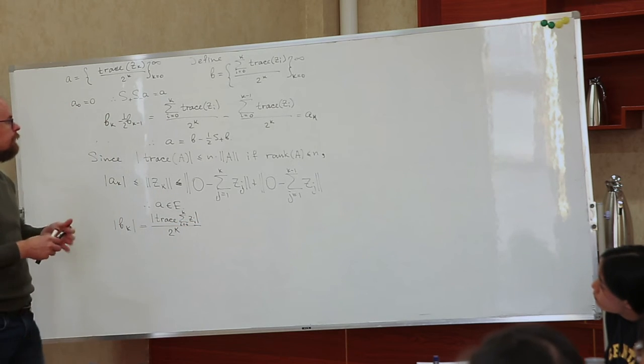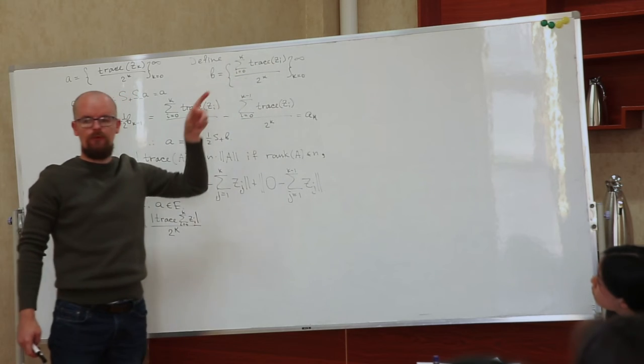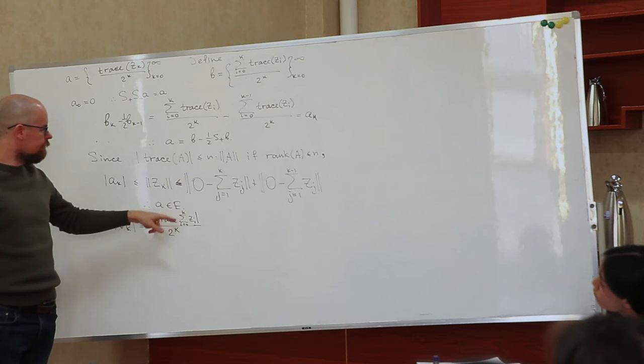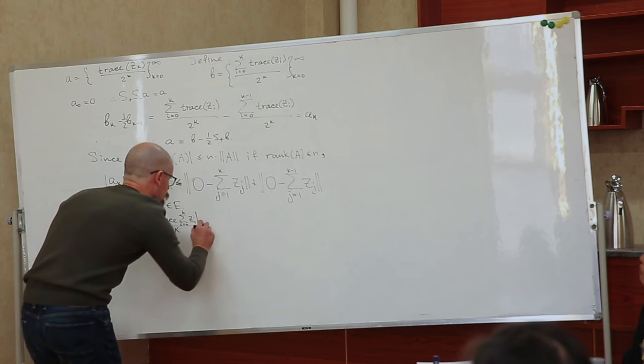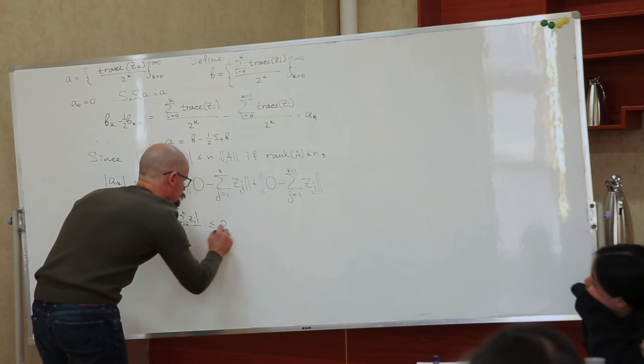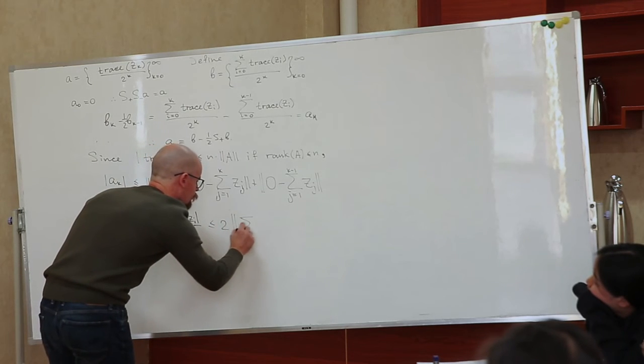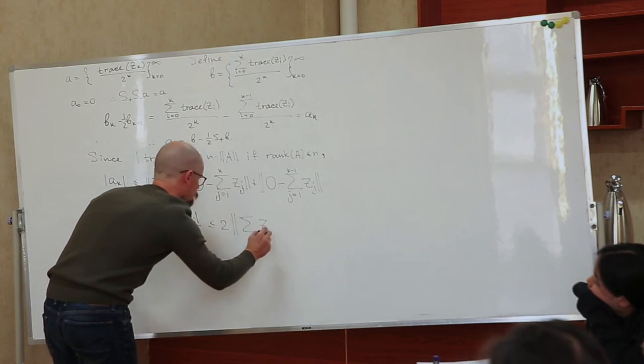The rank of each Z_I is at most 2 to the power of I. So the rank of this sum is at most 2 to the power of K plus 1, so it is less than or equal to 2 times the norm of this sum.